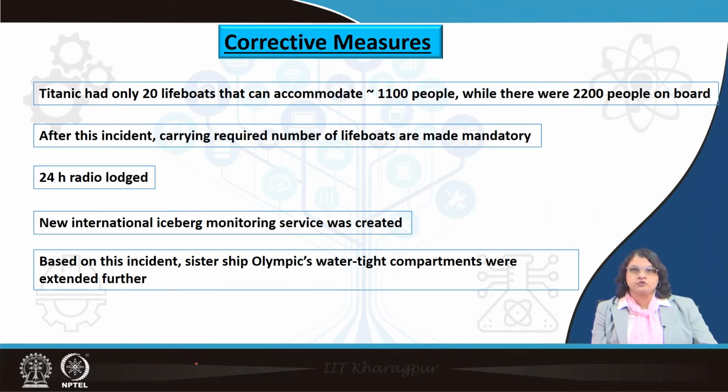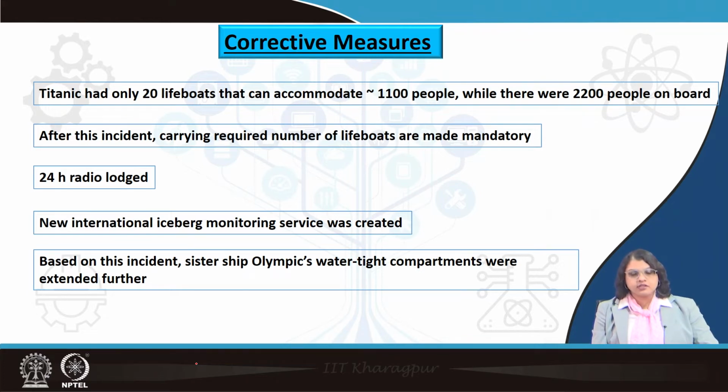But those corrective measures were based on the overall reasons, such as Titanic carrying fewer lifeboats, particularly so as not to spoil the beauty of the ship. Not enough lifeboats were kept on the deck, so that the view from the deck to the surroundings would not be obstructed by the lifeboats.